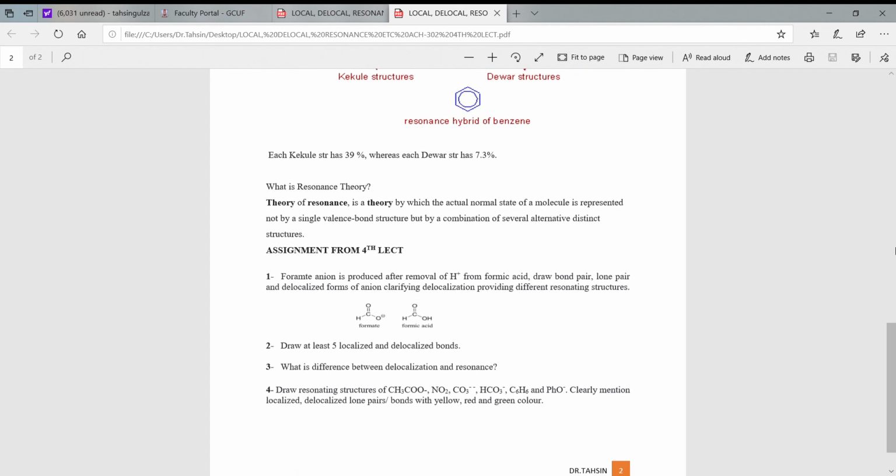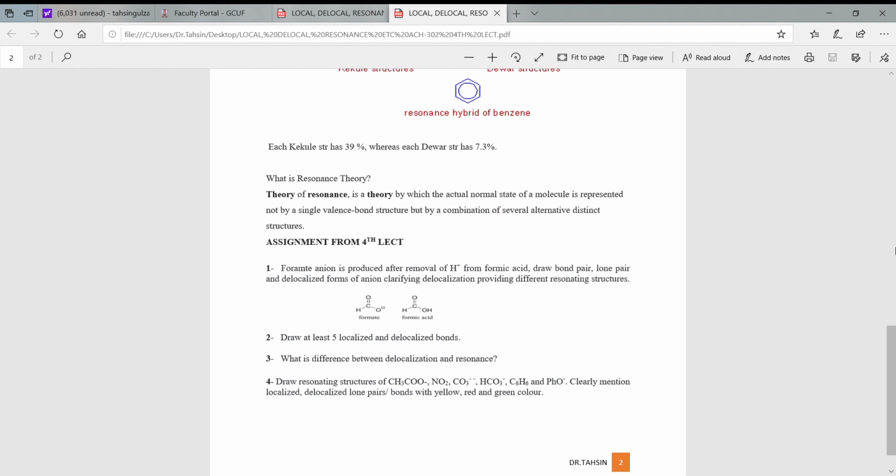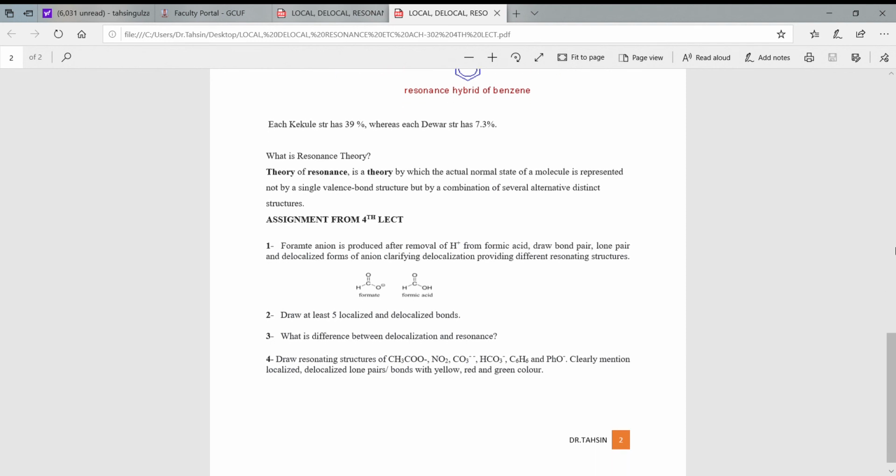Then, what is the difference between delocalization and resonance? In benzene, you have seen that due to the delocalization of 6 electrons, or in other words 3 pi bonds, not only these 5 resonating structures but more than 7 or 8 structures could be formed on the basis of delocalization.